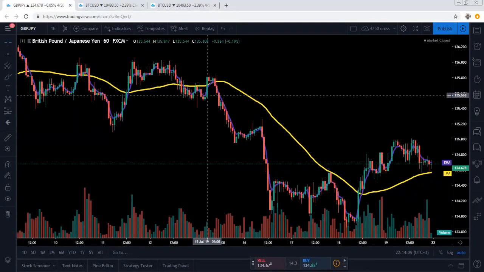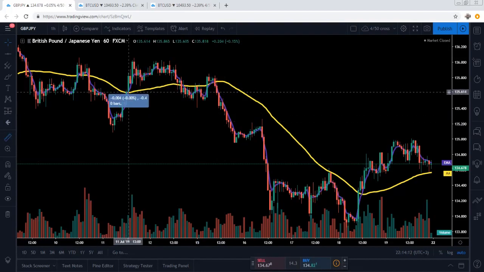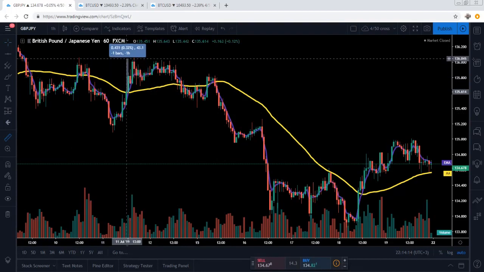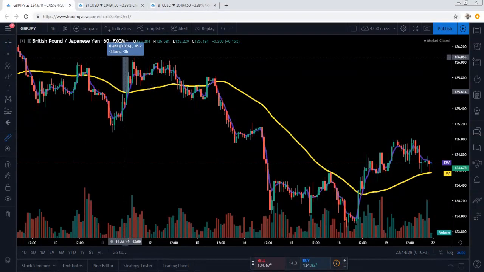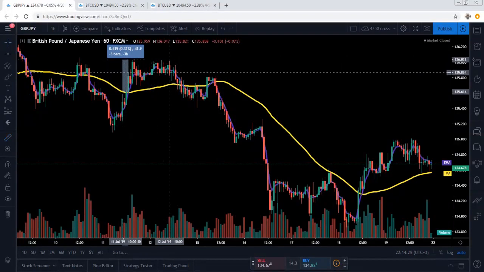Even when it crossed right here, let's measure it. This is the cross. Look how far it went up. It went 43 pips. Get 20 pips out of it, hit it twice, get 40 pips and get out of there. You see what I'm saying?